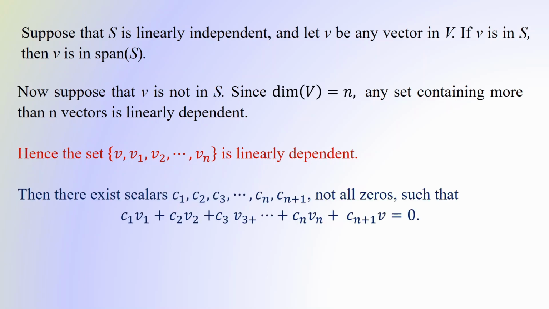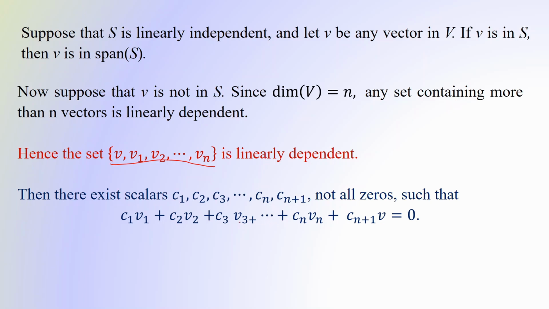Linearly dependent means if we take a linear combination of this set, c1 v1 + c2 v2 + c3 v3 + ... + cn vn + c(n+1) v = 0, then at least one coefficient is not equal to 0.